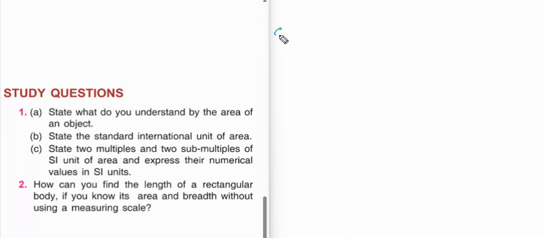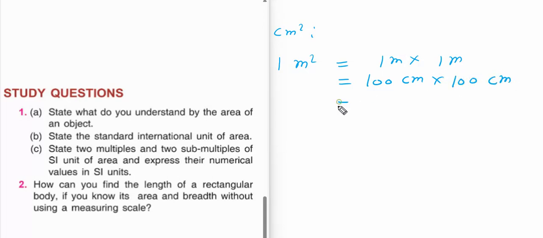Now, I will write another unit, which is centimeter square. Dear children, 1 meter square equals 1 meter into 1 meter. It means 100 centimeter into 100 centimeter, which is 10,000 centimeter square equals 1 meter square.